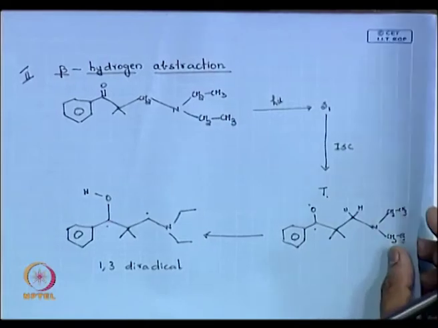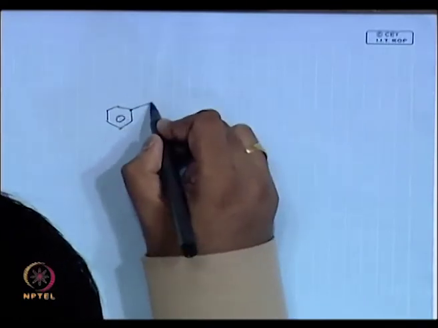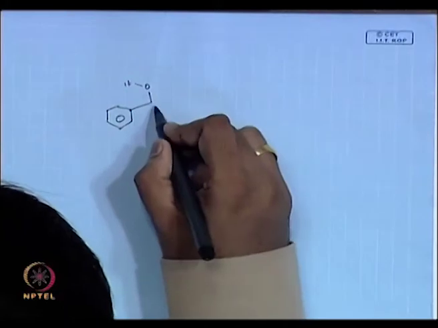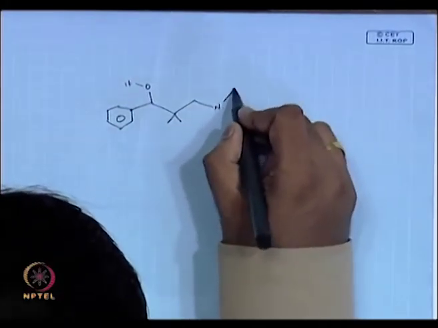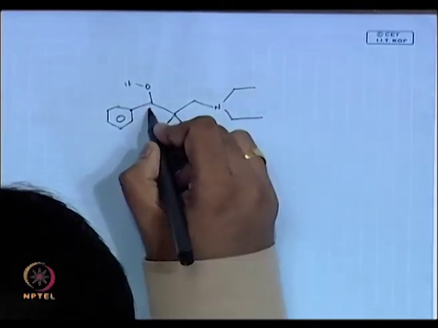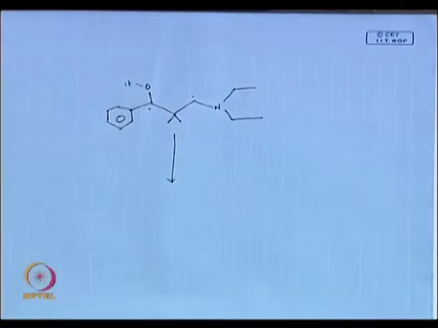So, what can this 1,3 diradical do? We have studied that. Once the photochemistry is over, it is all about your diradicals, 1,3, 1,4, 1,5, 1,6. Since we have studied all this about diradicals, it should be easy for you to now predict the products. Any idea what a 1,3 diradical can do?